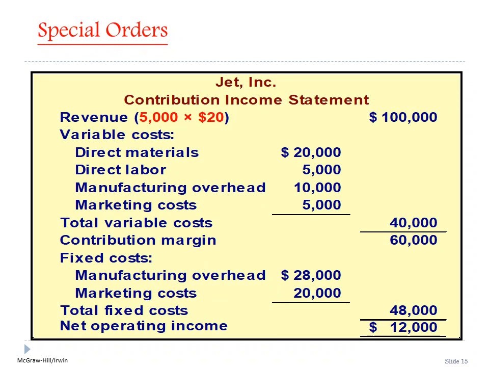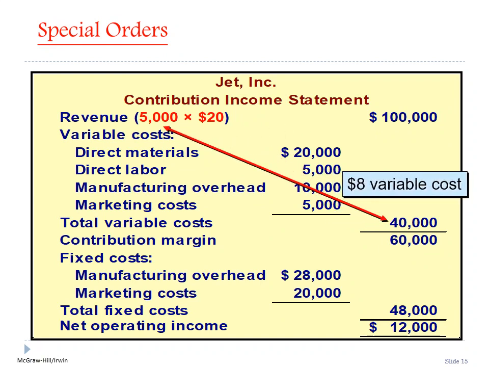If the company produces 5,000 units, it will achieve net operating income of 12,000. Notice that the variable cost per unit equals $8 per unit. اوكي. الفاريبل كوست اللي هي الدايركت ماتيريال، الدايركت ليبر، والمانيفاكتشرنج اوفر هيد as variable cost، والماركتنج كوست as variable costs. Okay.